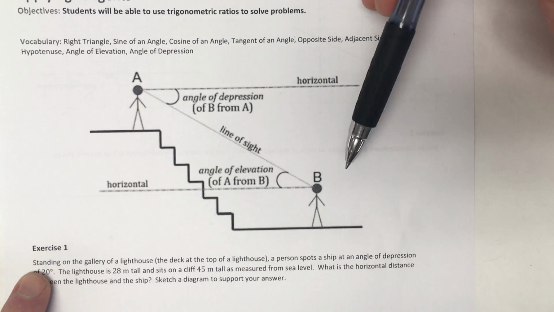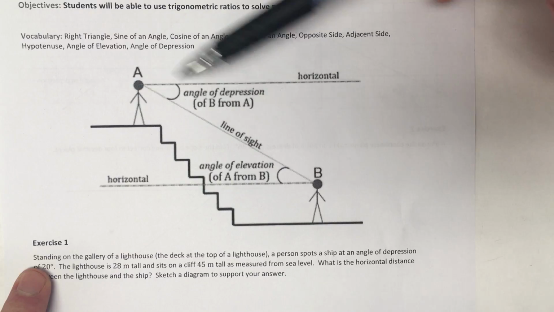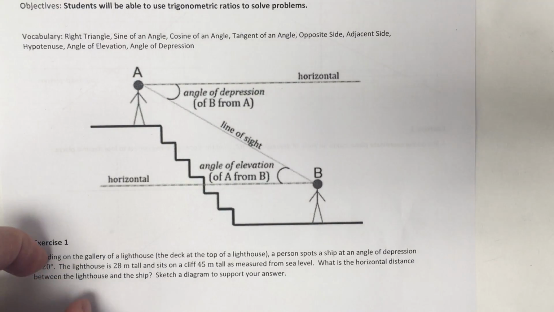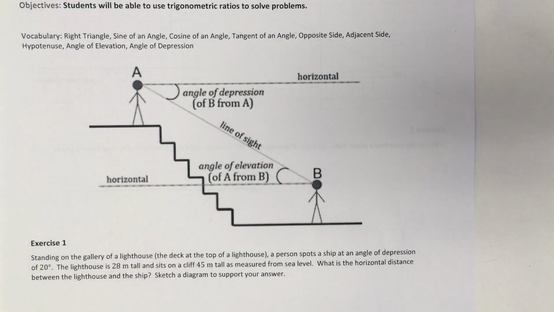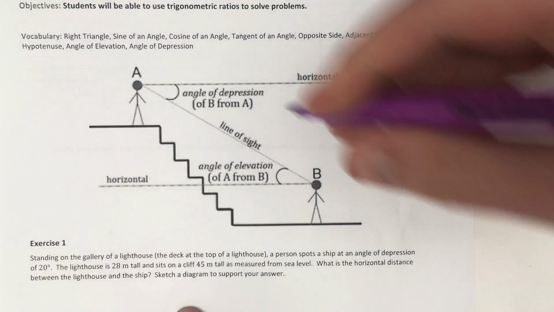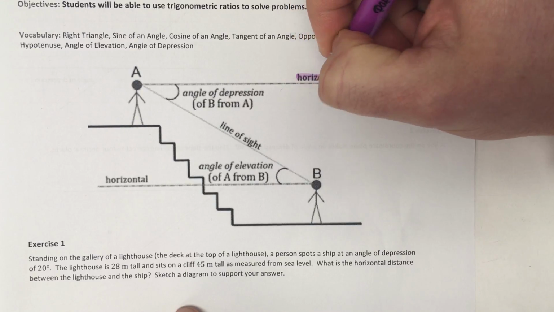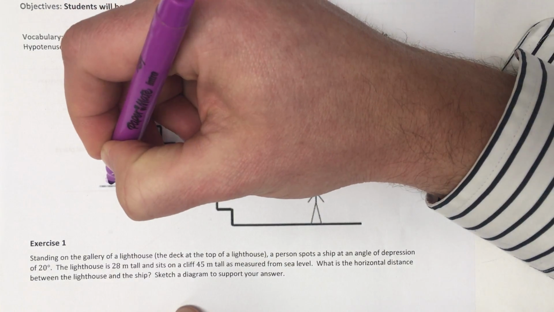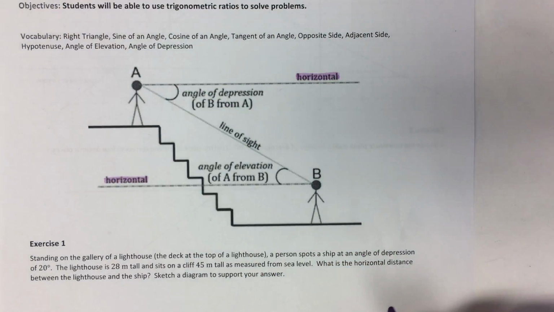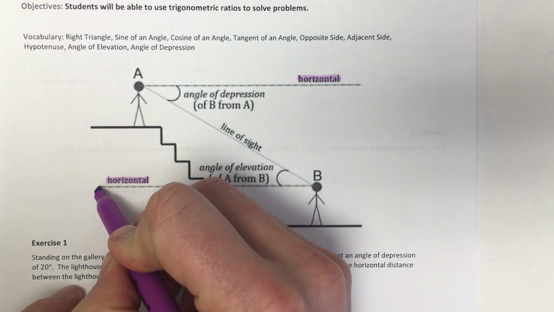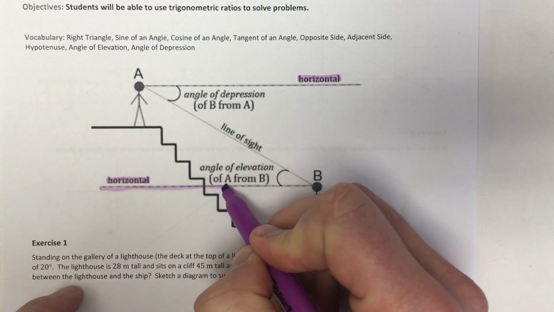As you're looking at this diagram, you can see two people, one at the bottom of the steps and one at the top of the steps. The only thing they have in common is that they have a horizontal from their viewpoint. There is a horizontal line, a line that goes directly across like a horizon.